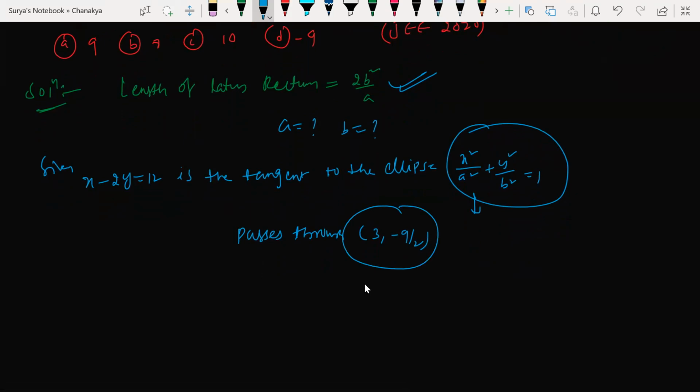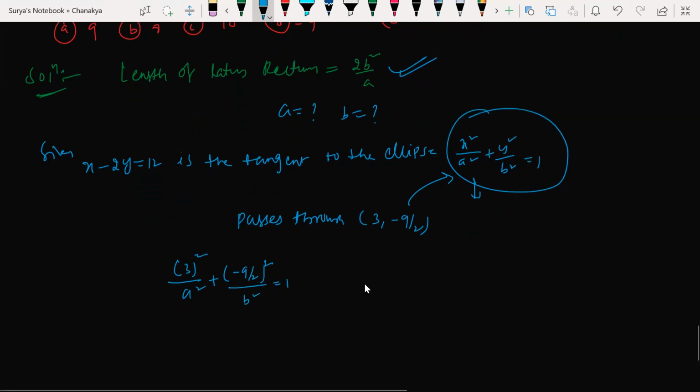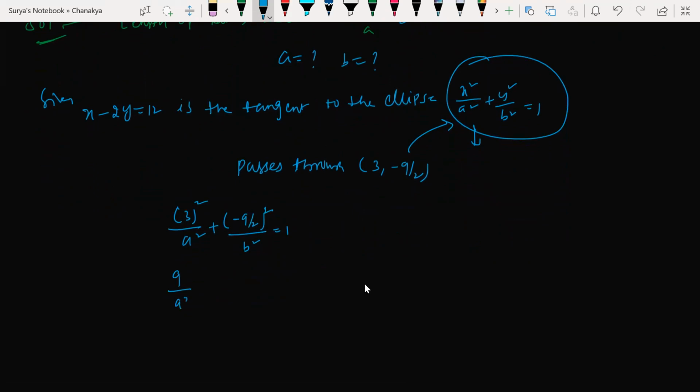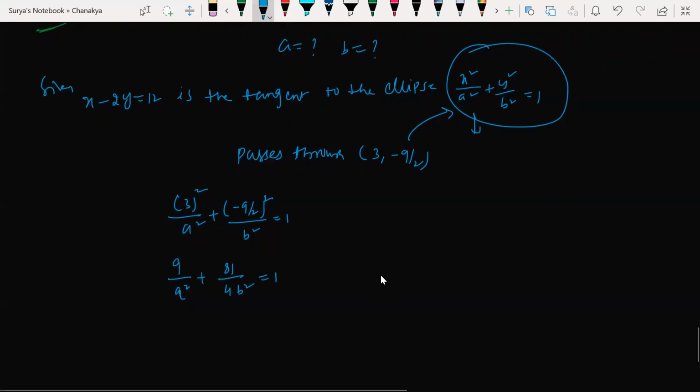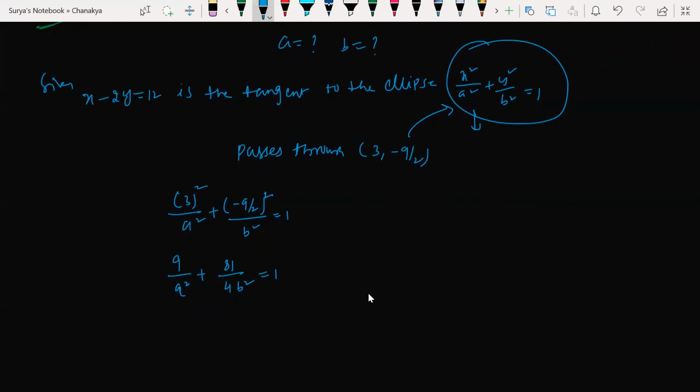It is passing through this point, so can I substitute this point here now? 3 square by a square plus minus 9 by 2 whole square by b square is equal to 1, correct? तो 9 by a square plus 81 by 4b square is equal to 1. बेटा 9 by 2 whole square मतलब 81 by 4b square, correct? Yes or no? Yes. हाँ, 9 by 2.